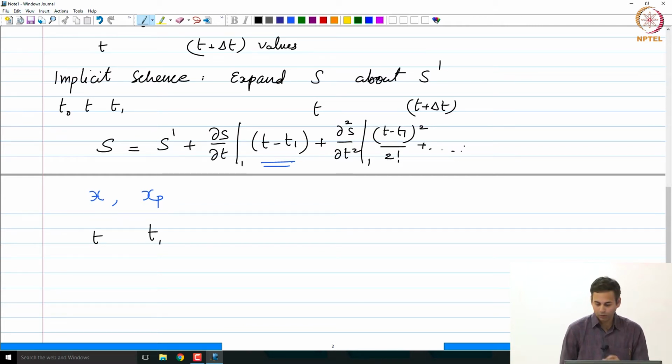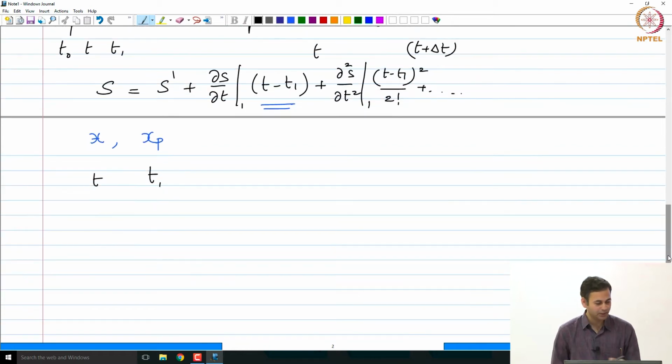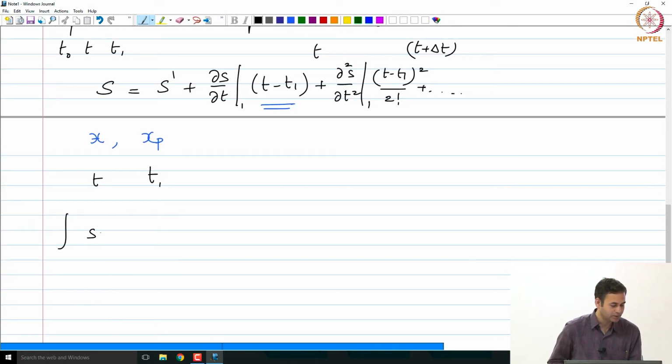Now, what we are interested in is the integration of s over the time step, going from t0 to t1. So, let us calculate this. Integrate on both sides of this equation over the time step t0 to t1.